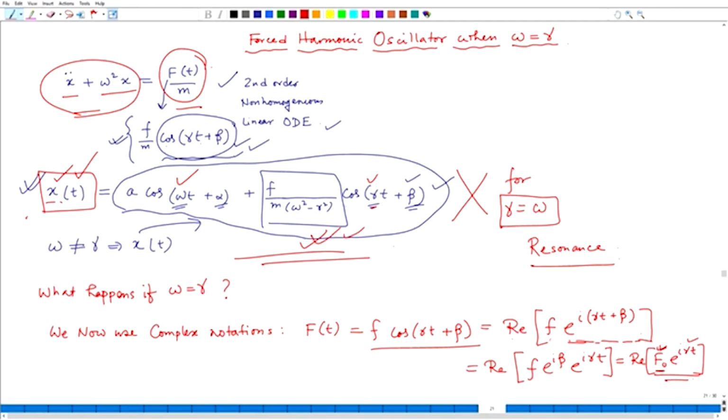It looks like another amplitude of this term, without any time dependent part, but this part is complex. So, this is a complex amplitude.